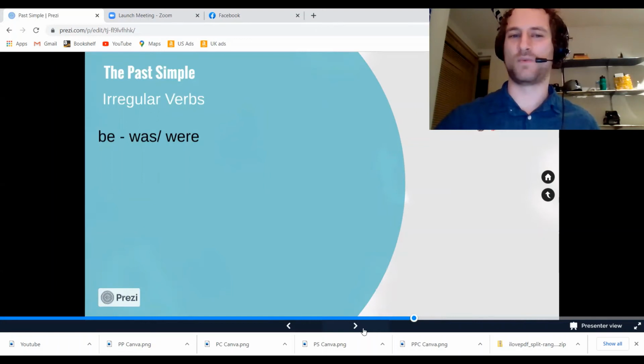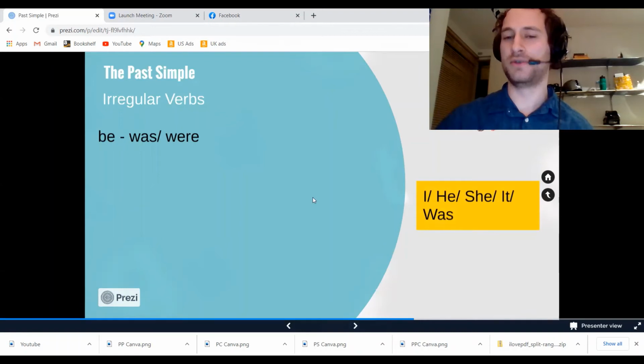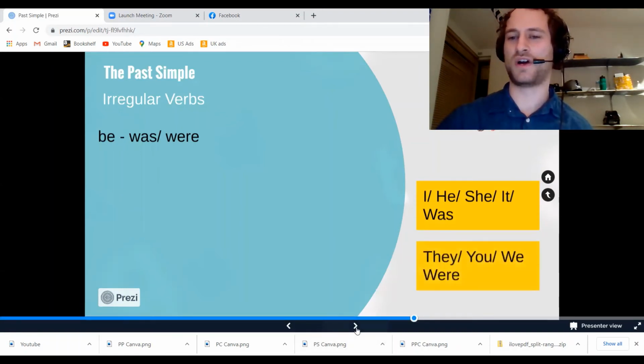So be becomes was. He was, she was, they were. You would use was with I, he, she, it, and you would use were with they, you, and we. So those subjects go with was, these subjects go with were.